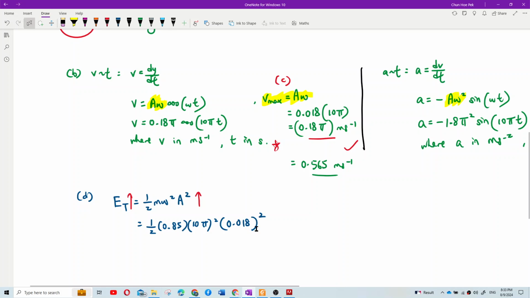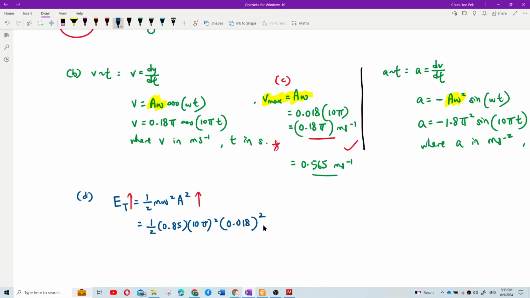Don't forget the square. So what do I get? 0.018 square times 10 pi square times 0.85 divided by 2.